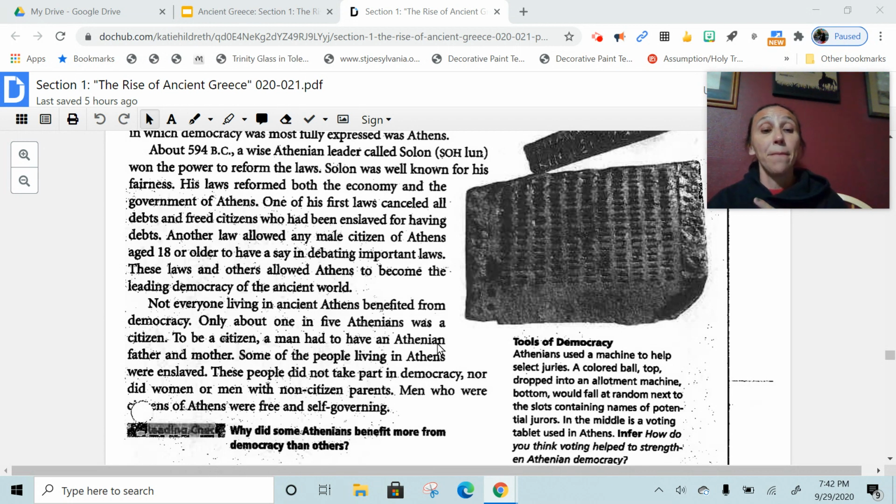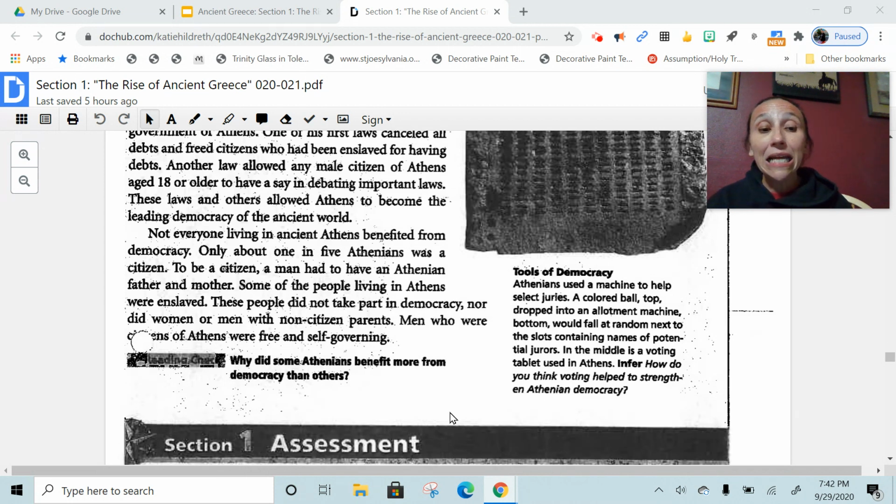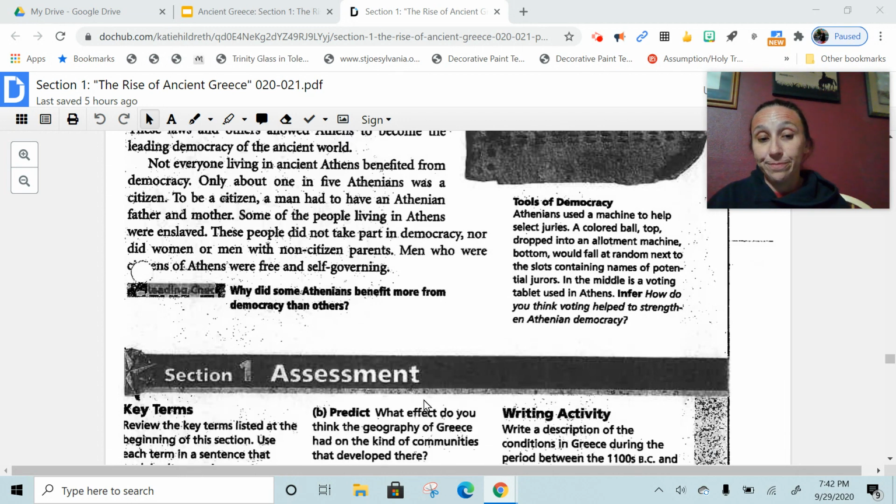To be a citizen, a man had to have an Athenian father and mother. Some of the people living in Athens were enslaved. These people did not take part in the democracy, nor did women or men with non-citizen parents. Men who were citizens of Athens were free and self-governed.